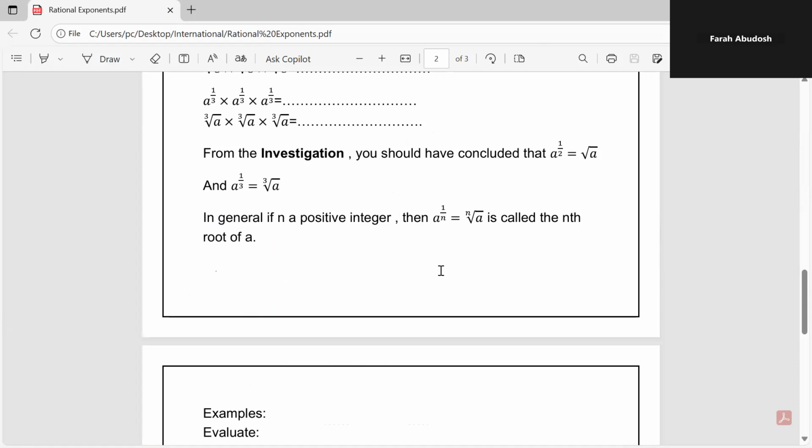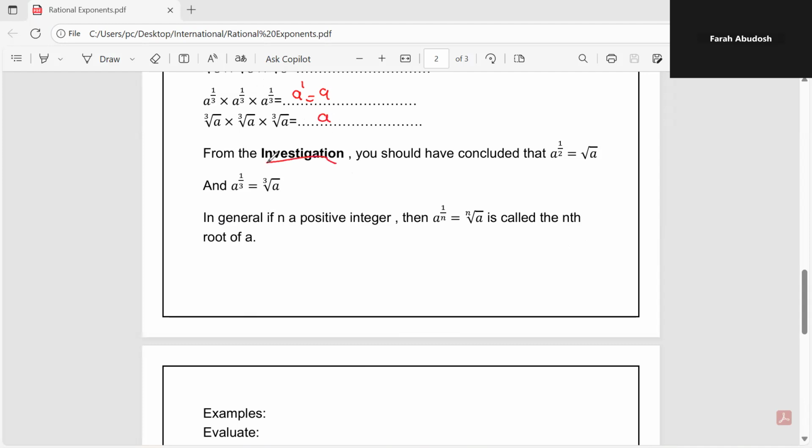Here, in general, a to the power 1 over 3 times a to the power 1 over 3 times a to the power 1 over 3 is a to the power 1, which is a, because we add the powers. Again, the cube root of a times the cube root of a times itself again is a.